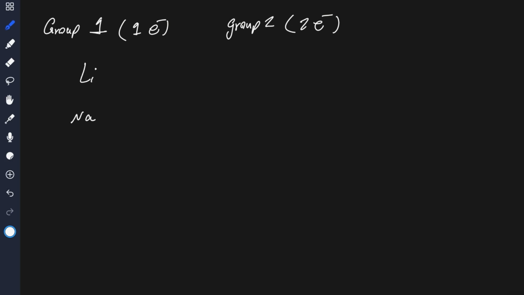Lithium, sodium, potassium, rubidium, and etc.